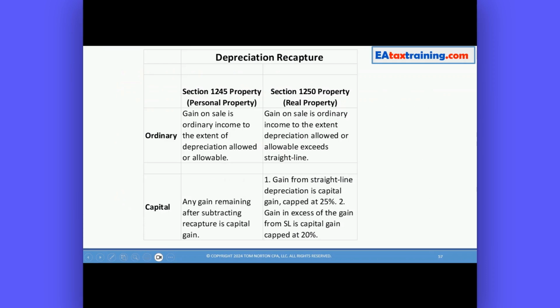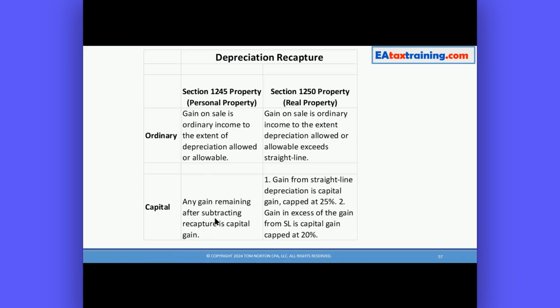So let's look at another chart here, and it shows you 1245 property and 1250 property. For ordinary gain, gain on sale is ordinary income to the extent of depreciation allowed or allowable. Any gain remaining after subtracting this recapture is capital gain. So you could have some ordinary and some capital.